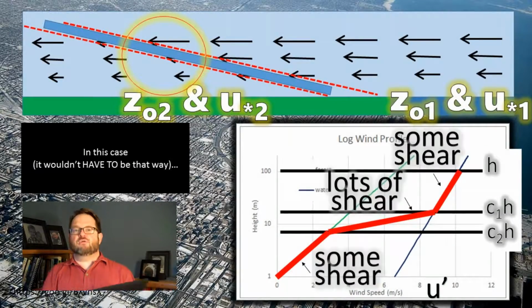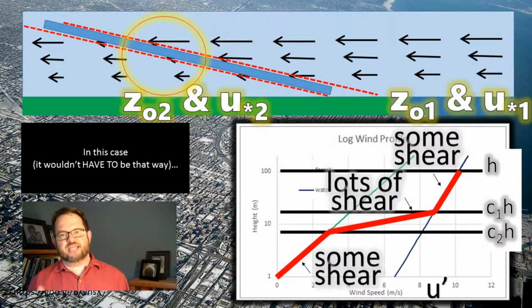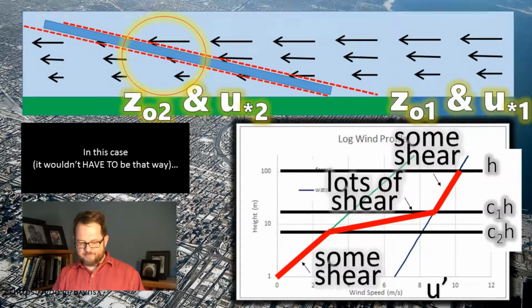But look at all that wind shear we've got going on in the transition zone, where every meter we go up, we're creating a lot of wind shear. The wind speed is increasing. It wouldn't have to be that way, but in this case there's a lot of wind shear on this boundary, which has interesting applications in aviation operations and so on.